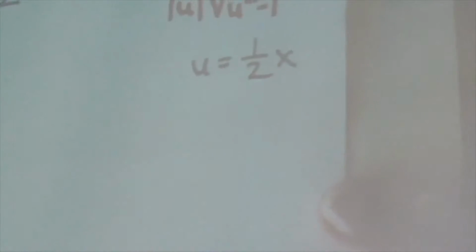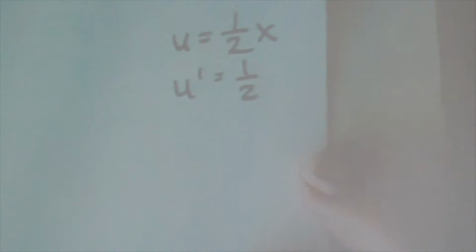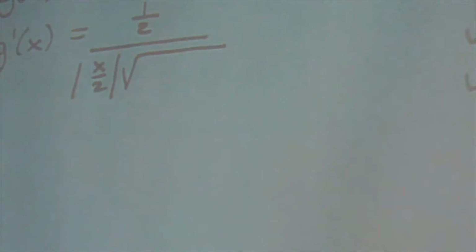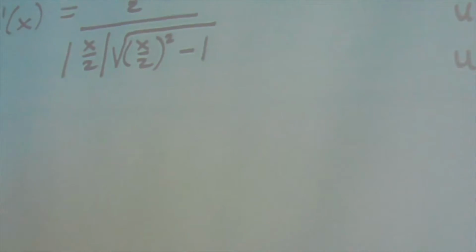I'm going to just write it as 1/2 x. And then U prime is 1/2. So I get U prime is 1/2 over the absolute value of U, which is x over 2, and then times the square root of U squared, which is x over 2, the whole thing squared, minus 1.